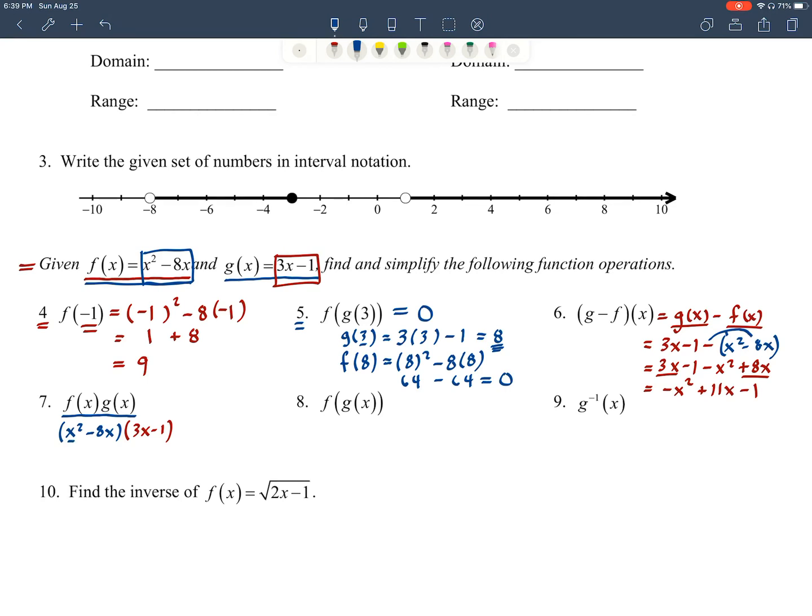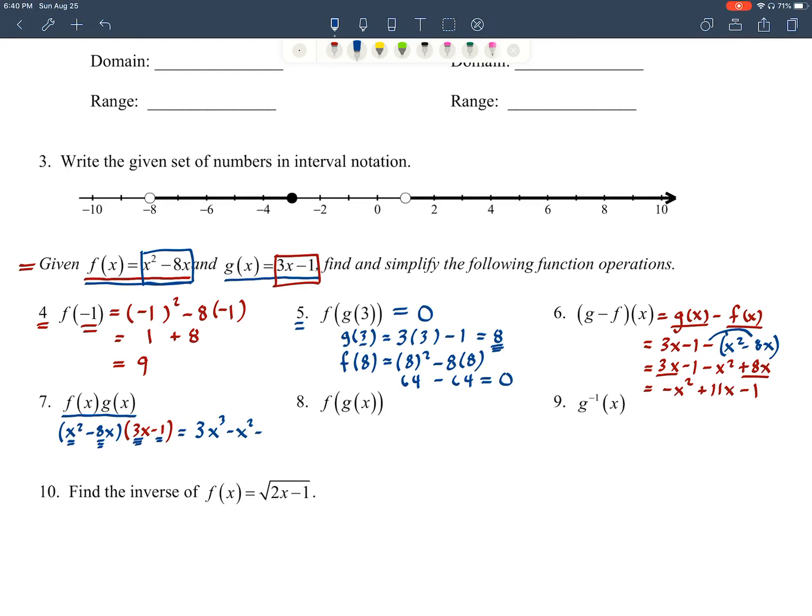So I've got an x squared times a 3x, which should give me 3x to the third. And then I'm going to do my x squared times negative 1. So I'm going to say minus x squared. Then I'm going to do my negative 8x times my 3x.